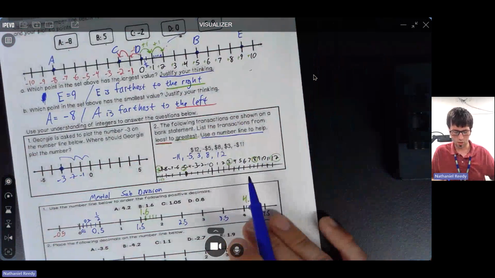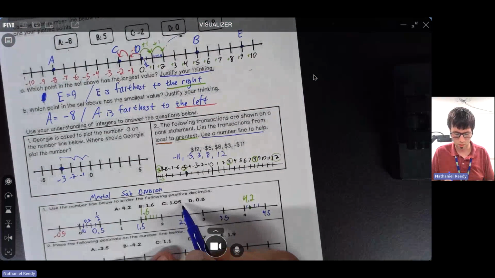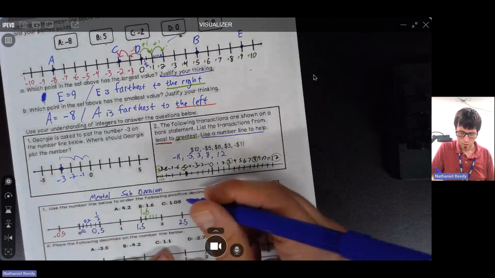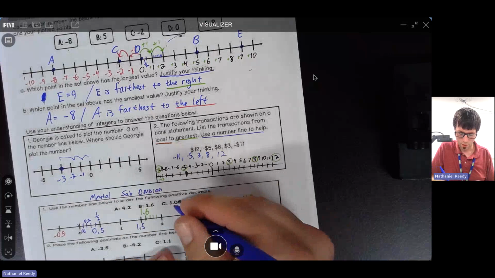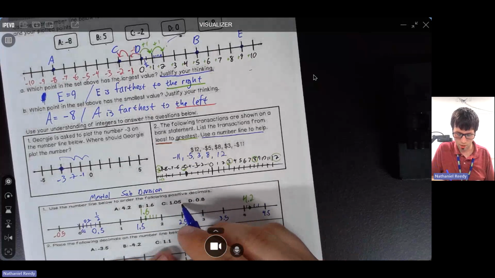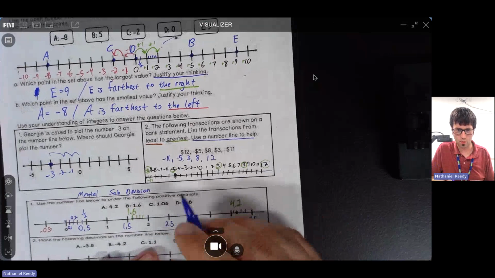Okay? So, okay, let's ask this for 1.05. So what we need to do is we need to find something that's a little bit bigger than 1.05, which would be 1.1.